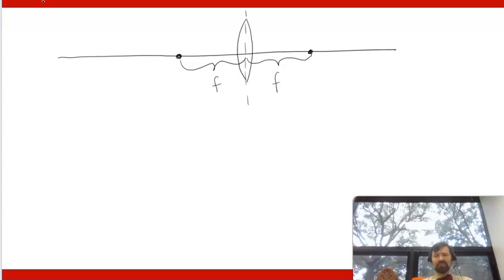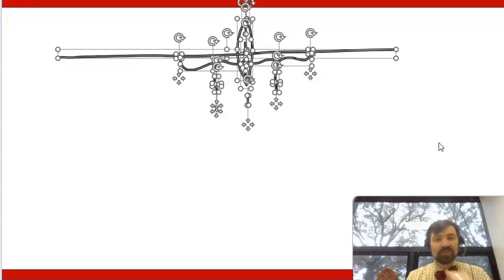The other point of interest, you can label a point where these two axes meet. That could help guide some rays in other diagrams. What I'm going to do is go ahead and copy this little diagram that I've made.